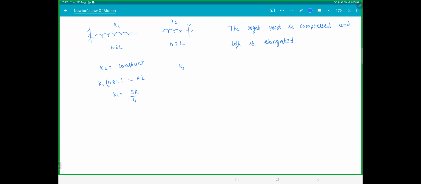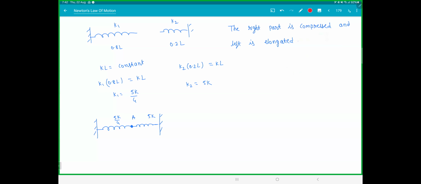For this one, K2 into 0.2 L is equal to KL, so K2 will be 5K. So this whole thing behaves as if we have a spring of 5K by 4 here, and at this point A, another spring of 5K.